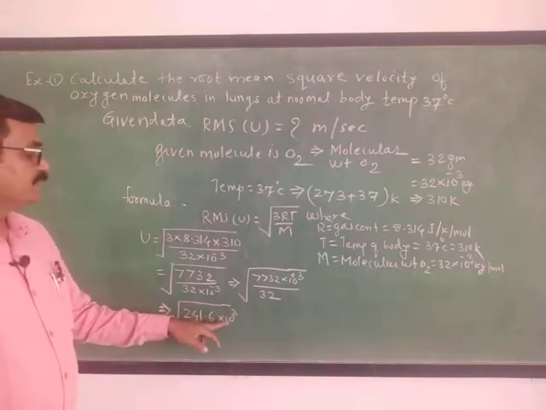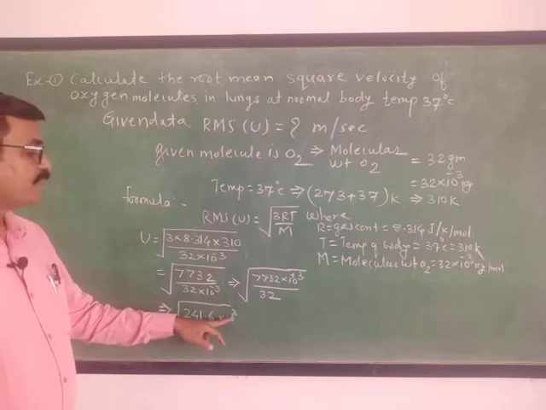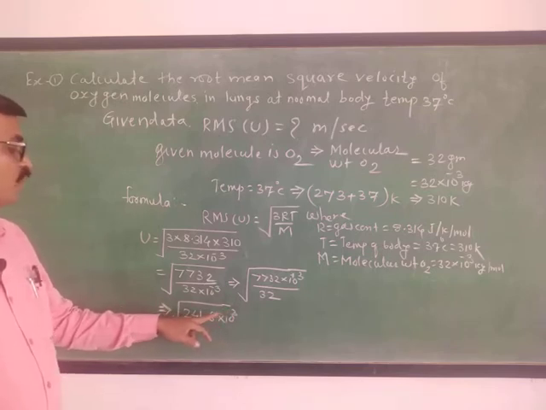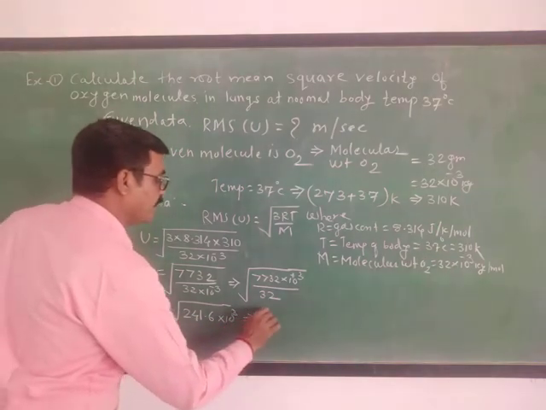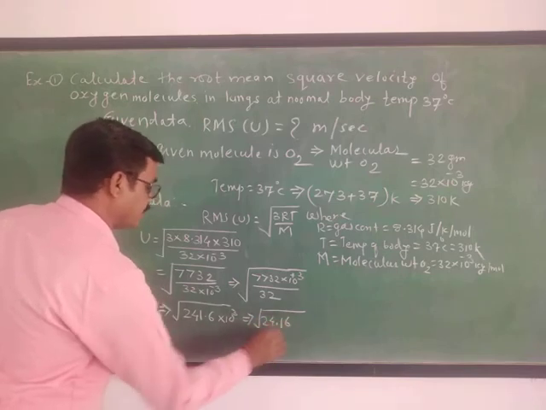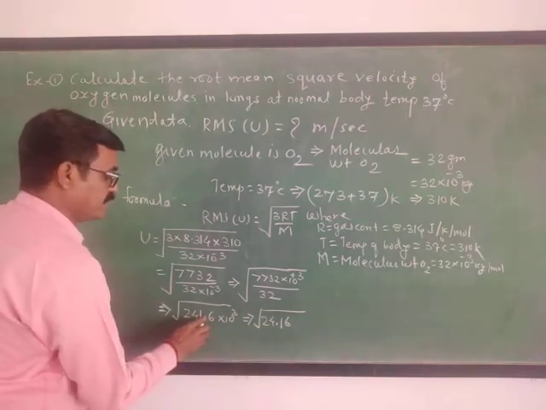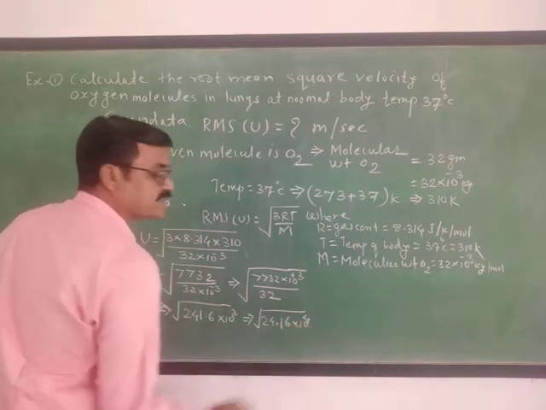For simplicity, we convert the power from 10 raised to power 3 to 10 raised to power 4. So shift the decimal point to get 24.16. Since the point moves to the left, the power increases.